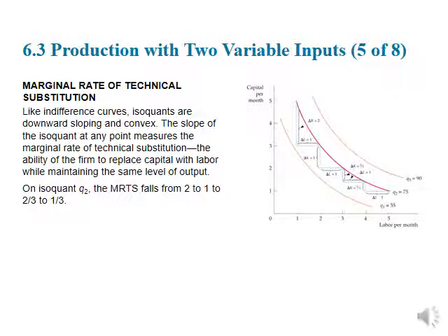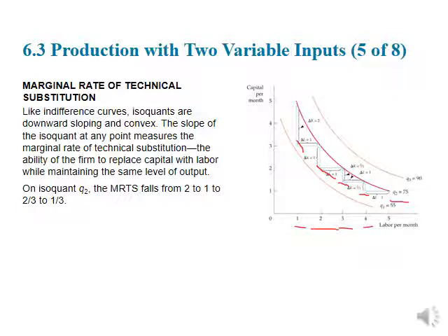So let's take a minute and consider isoquant Q2, which is 75 units of output. As we add more and more labor, so 1 unit, 2 units, 3 units, 4 units, the marginal rate of technical substitution falls from 2 to 1 to 2/3 to 1/3.